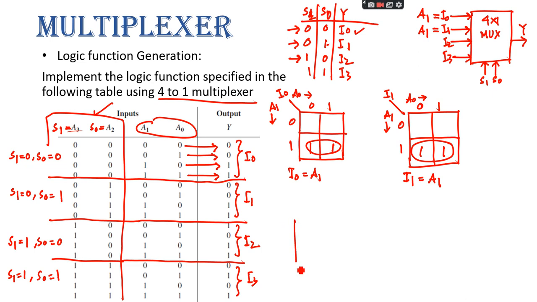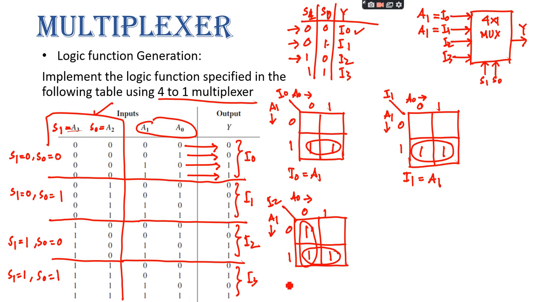Then if we do the K map for I2, where should I put 1? The first one and the last two, right? Yes, sir. So how can we combine them? These two in a group and these two in a group, right? Yes.